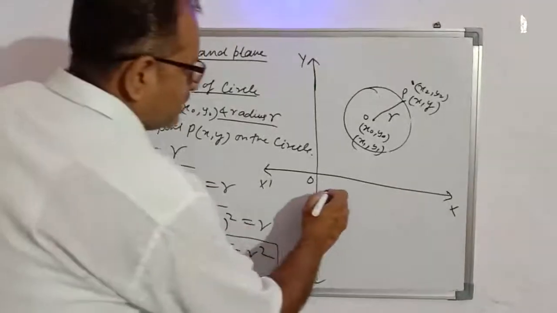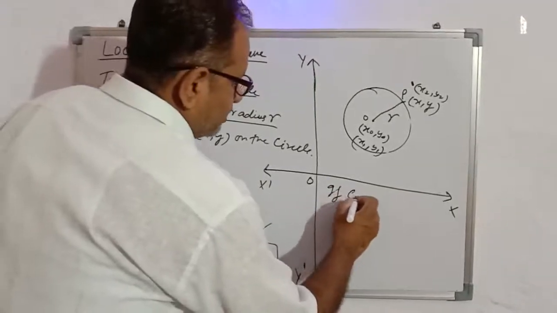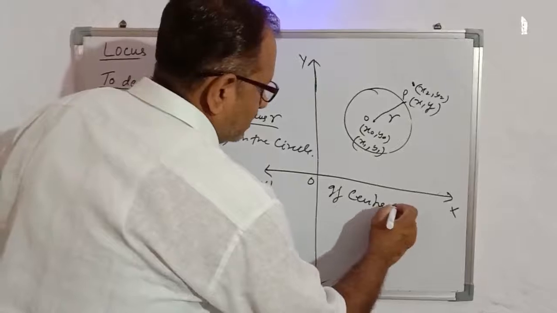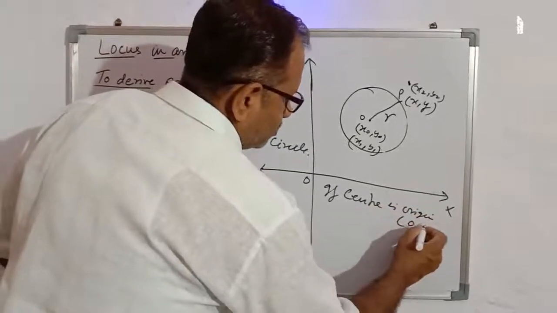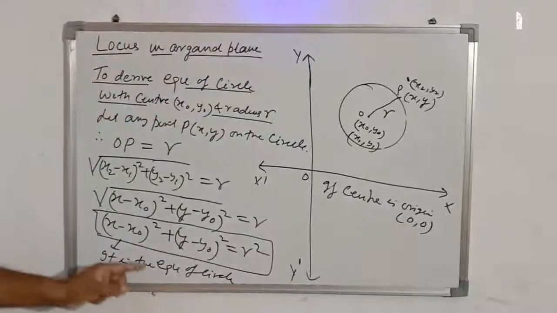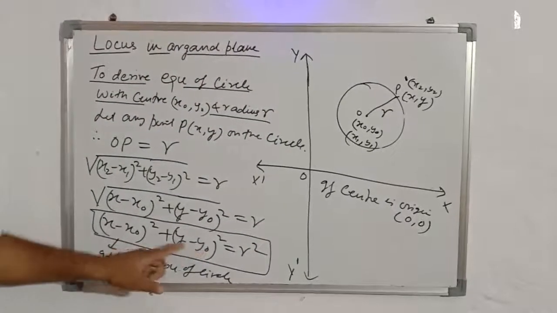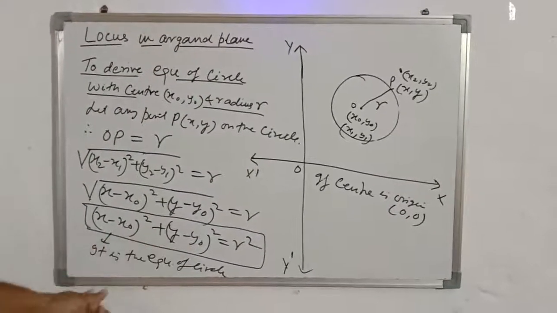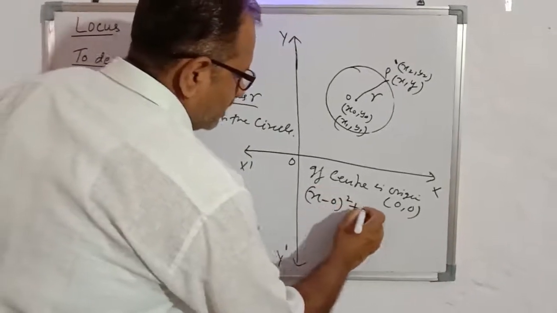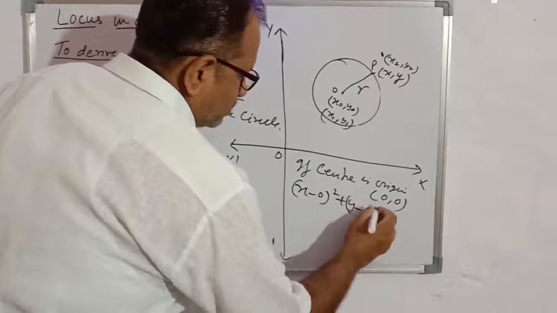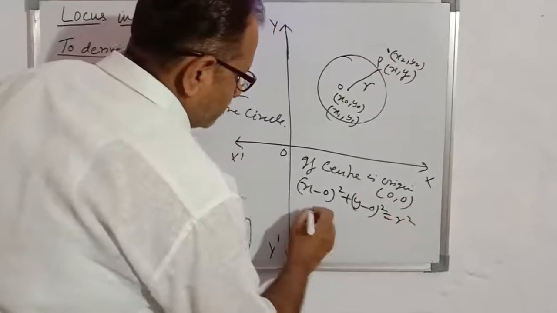If the center is the origin, origin means (0, 0), so we will put 0 for x0 and y0. It will be (x minus 0) square plus (y minus 0) square is equal to r square.